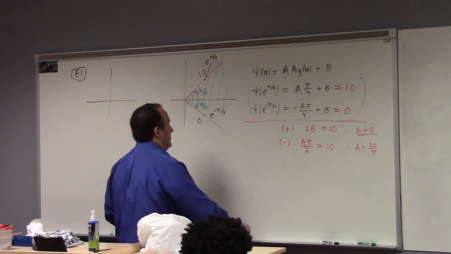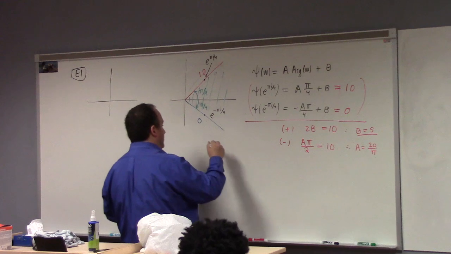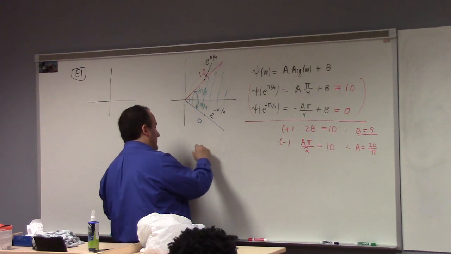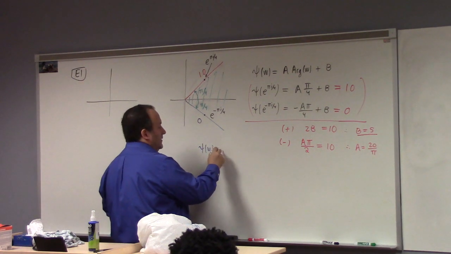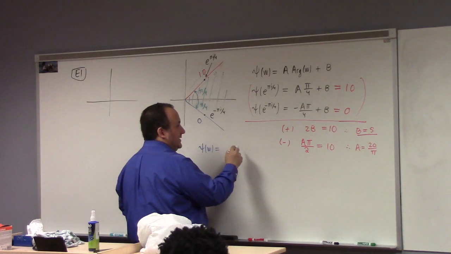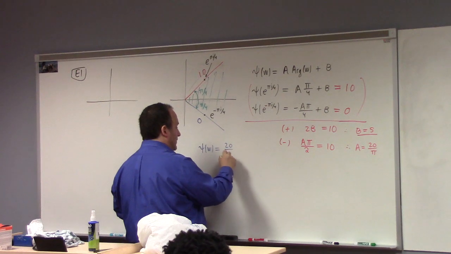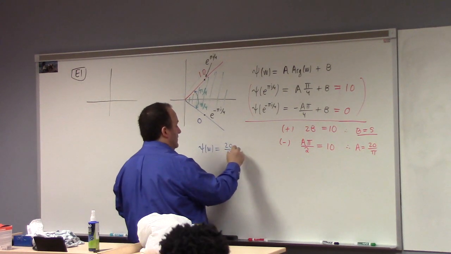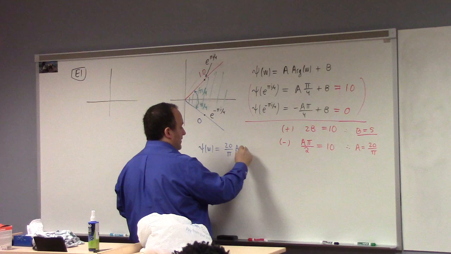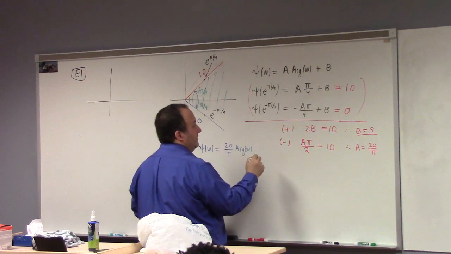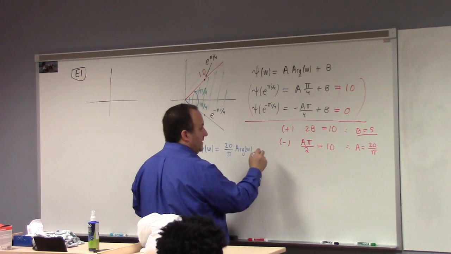Okay, so lo and behold, we have this solution to Laplace's equation. We have psi of w equals 20 over pi arg w plus 5.